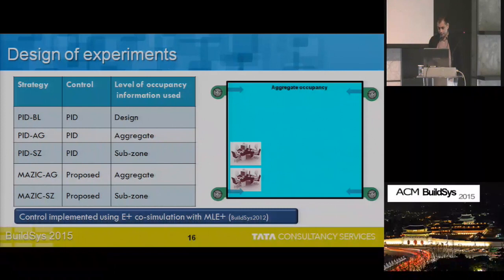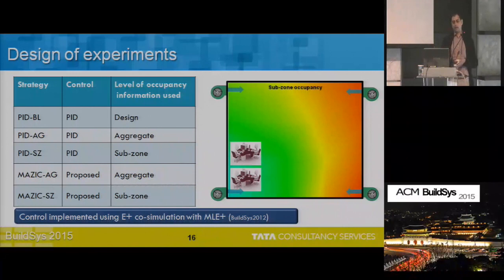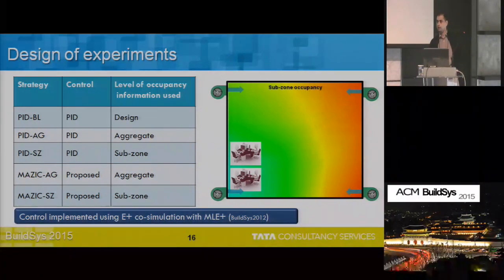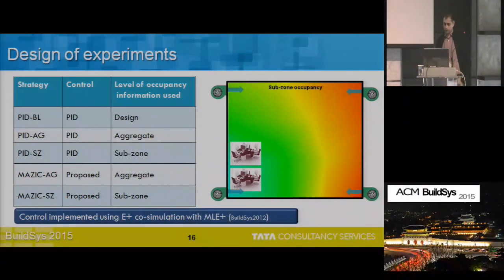And again, in the aggregate occupancy, even though you know the total count that is going to be there, you don't know how they are spatially distributed, so you again end up cooling the entire space. While if you have subzone occupancy information and you have multiple control knobs, essentially you can cool only the spaces in which there is occupancy, and the rest of the spaces you can allow to drift, which means they can float to a higher temperature.